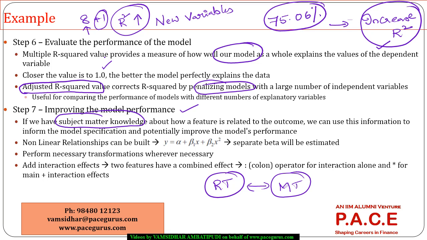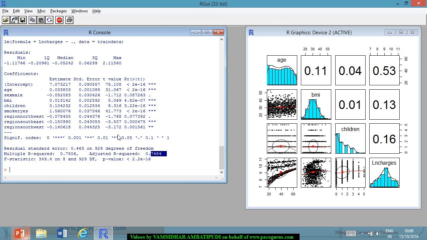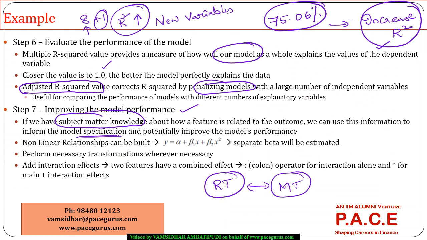So we can use this information in the model specification. Let's say along with age, I want to see if age squared also plays an important role, right? I want to add that kind of relationship as a part of my overall model.